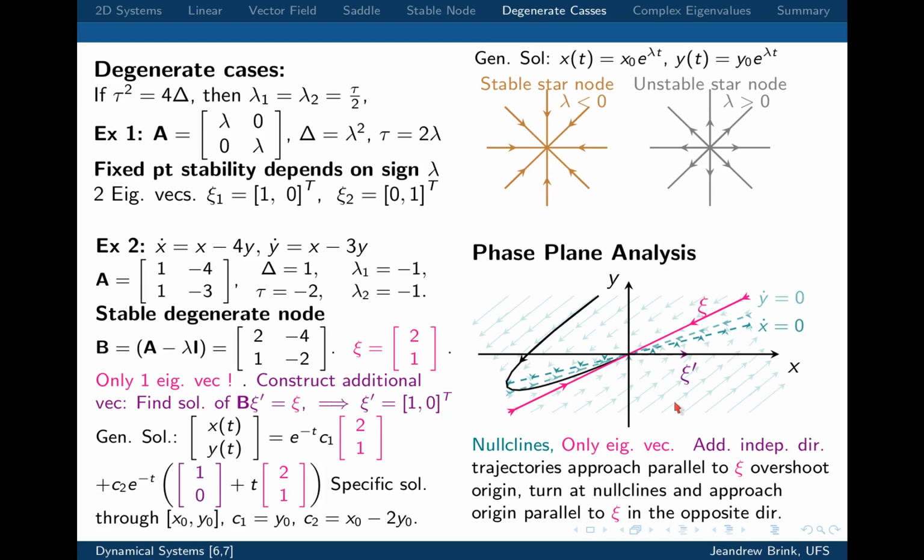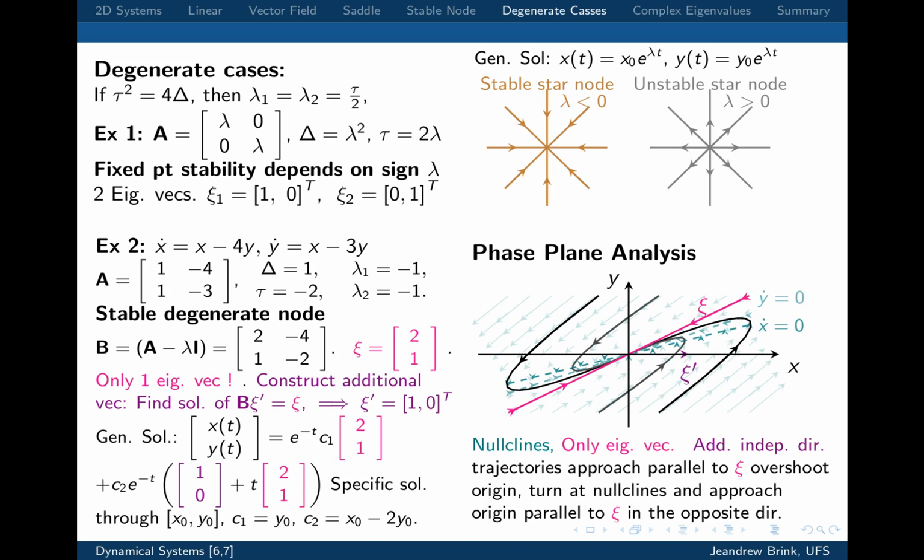So if we start drawing them, you see here they go parallel to XC when t is negative infinity, and then they hit these nullclines, they turn around as the arrows indicate, and they come in parallel to XC over there. And similarly with the other one, if they go like that, they are going to go parallel to XC, hit the nullclines, bend and come back. And the same thing is going to keep happening over here.